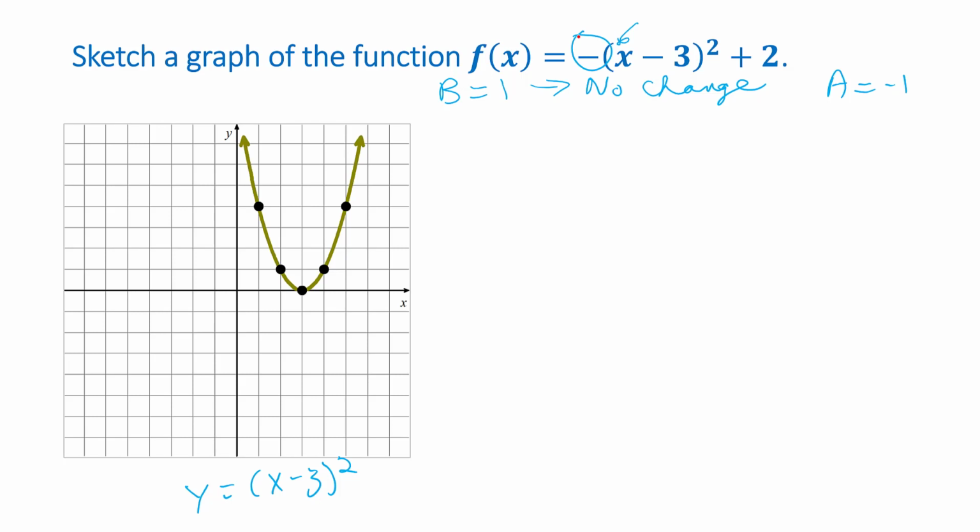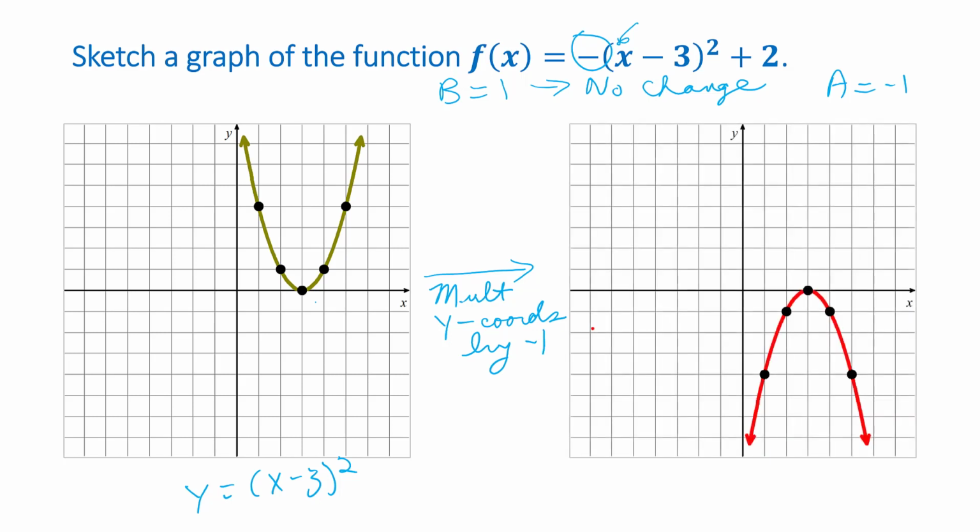A tells us to multiply the y-coordinates of our original graph here, or the graph obtained previously. We want to multiply the y-coordinates by negative 1. And you can see what that's going to do to this graph. It's going to reflect it across the x-axis.